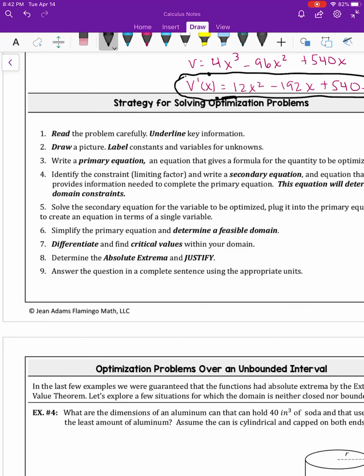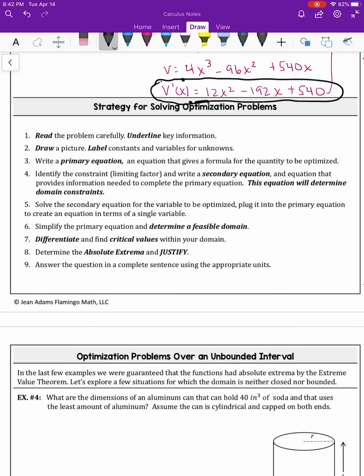So now we've gone to just listing some strategies for solving an optimization problem. Number 1, you have to read the problem carefully, underline key information, make sure you know what you're maximizing or minimizing, make sure you know how to write your constraint equation, draw a picture. Always very helpful.